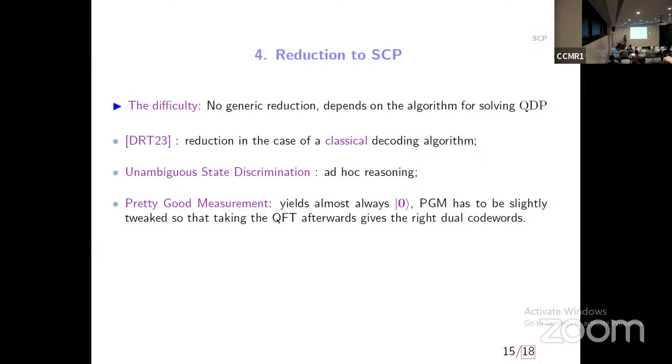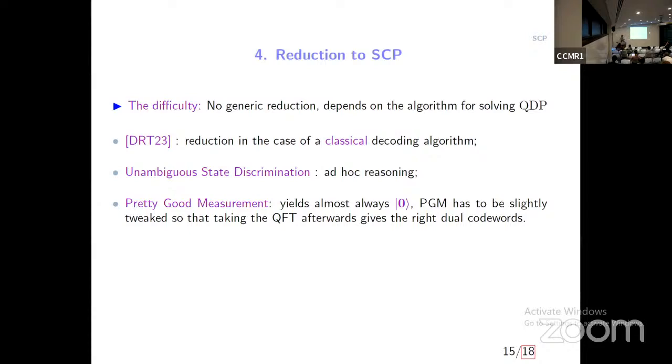But there is a way to do this and prove that with this unambiguous state discrimination procedure, you can use a rigorous result and get basically something in the dual, as I said. And with the pretty good measurement, you also have to be careful because in the regime where the pretty good measurement works and beyond the unambiguous state discrimination, you get almost always 0 if you measure it directly.